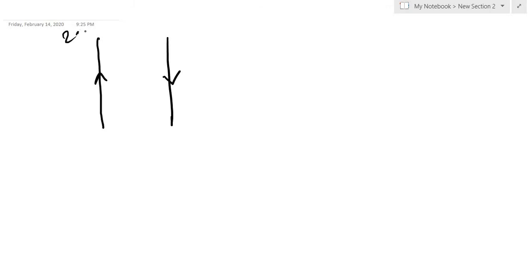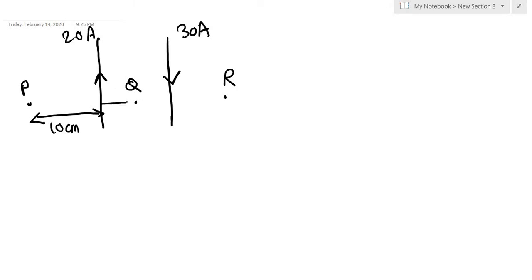This has 20 amperes of electric current. This has 30 amperes. And they're telling us to find magnetic fields at three different points, P, Q and R. And obviously they've given us the distances. So from wire 1 to P, the distance is about 10 centimeters.